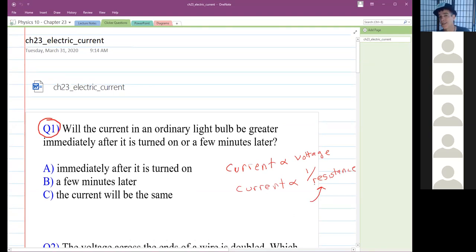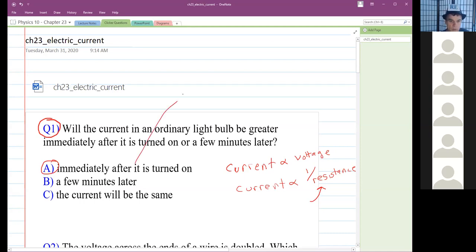When the resistance is high, the current is low. So think about, when is a light bulb the coolest? A light bulb is the coolest right when you turn it on or before you turn it on. As a light bulb is on for a few minutes, it starts to heat up. As it heats up, the resistance goes up. As the resistance goes up, the current goes down. So the answer to 1 is, it is greater immediately after it is turned on.